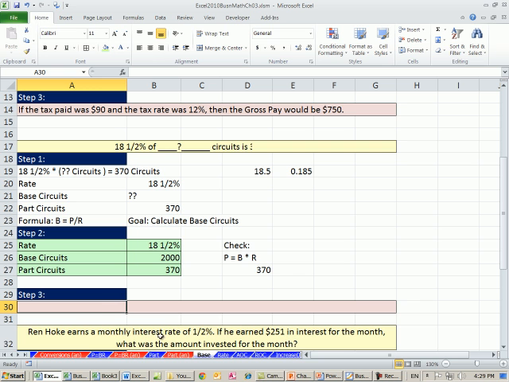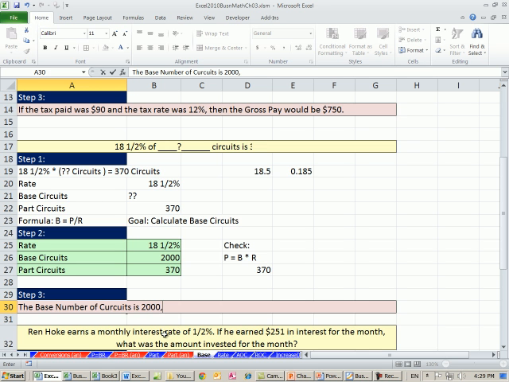So our answer is going to be the base number of circuits is 2,000.